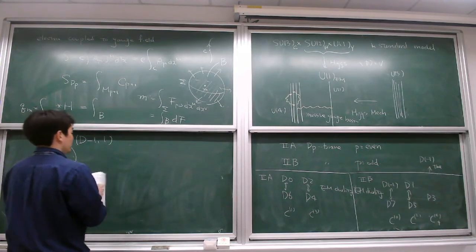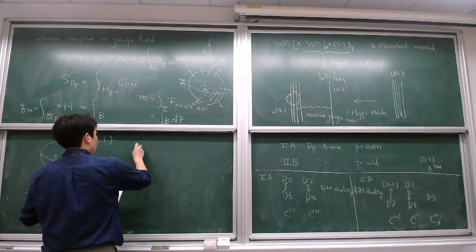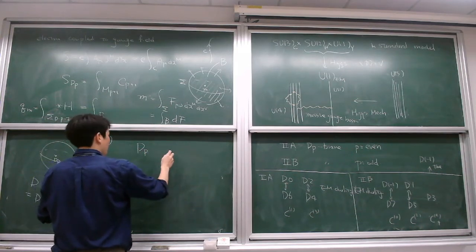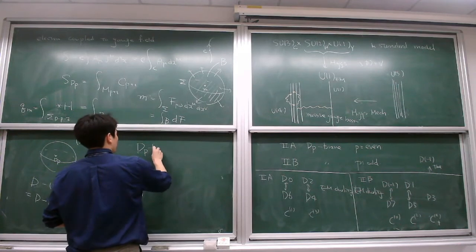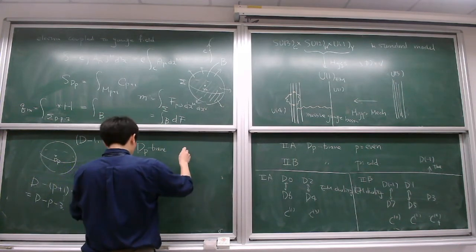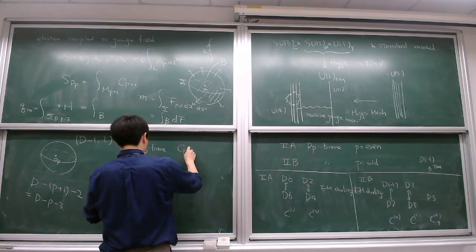Okay, let's do it step by step. You have an electric Dp brane that, as I mentioned, couples to C p plus 1. Take the exterior derivative and you have H p plus 2, which is dC p plus 1.